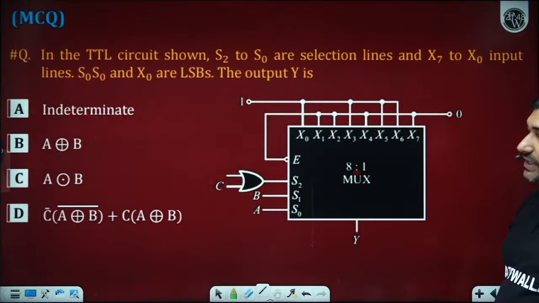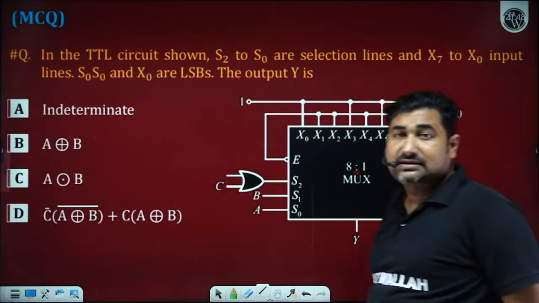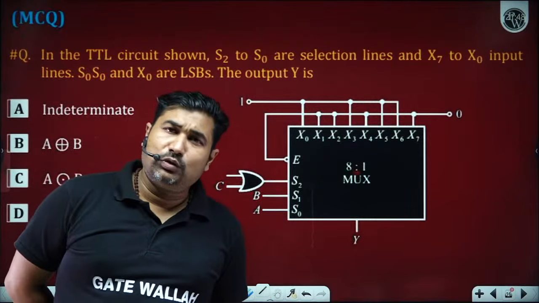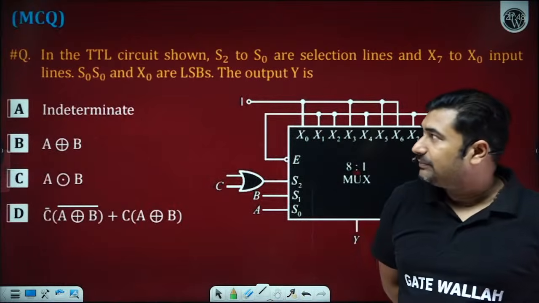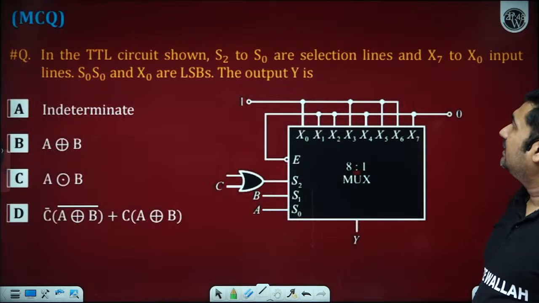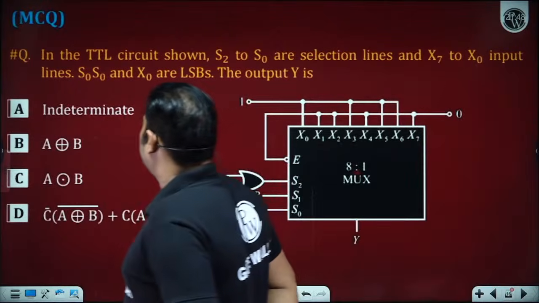So please observe here. What is given in the TTL transistor logic circuit, where unused input will be treated as logic 1. We all know. In the TTL circuit shown, S2 to S0 are the selection lines and X7 to X0 are the input lines.